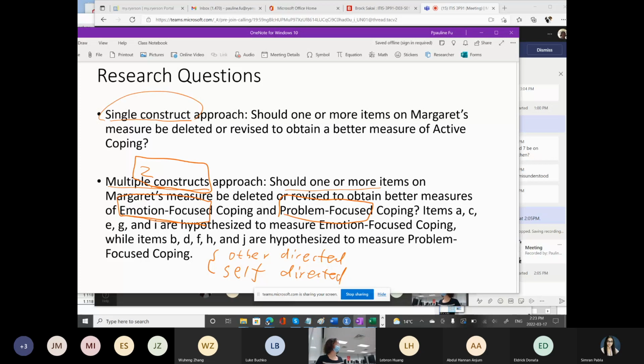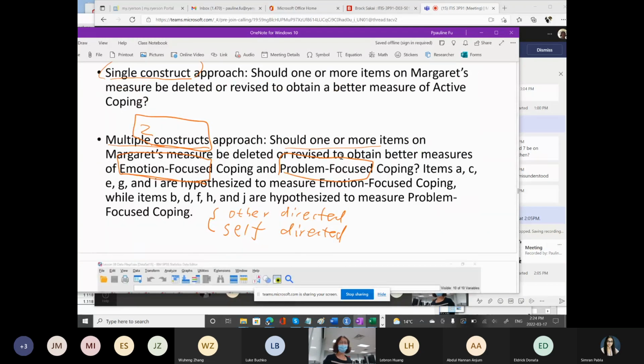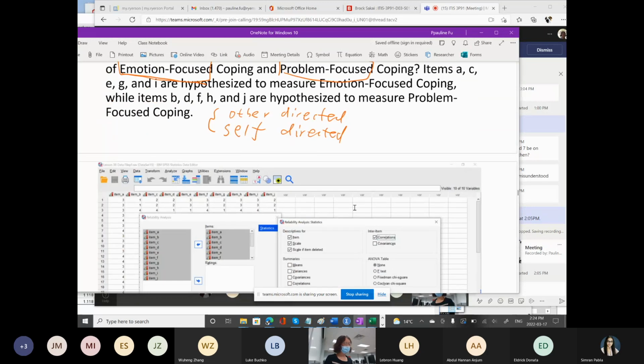Our final result will select other-directed, self-directed as two constructs. We will reject emotion-focused and problem-focused. I will tell you the reason. The reason comes from the analysis. So this gives you a big roadmap, our big picture, of what we are going to do with this data. Okay, all right. So let's answer the first question, single construct.